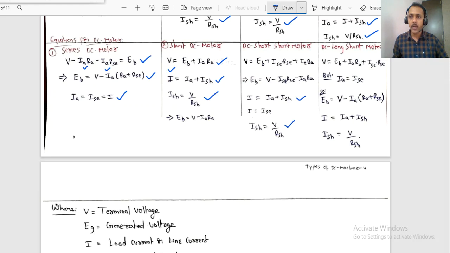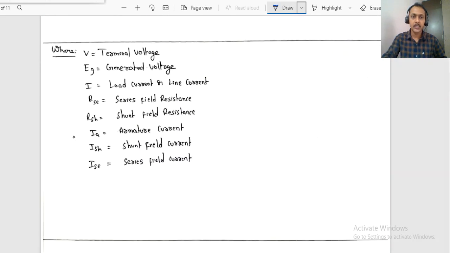For long shunt motor, V equal to EB plus IA RA plus ISC RSC, but IA equal to ISC, right? And EB will be how much? V minus IA bracket of RA plus RSC, right? And shunt field current is the same, ISH equal to V divided by RSH. So dear students, in this entire discussion, these are all the different variables we have used.